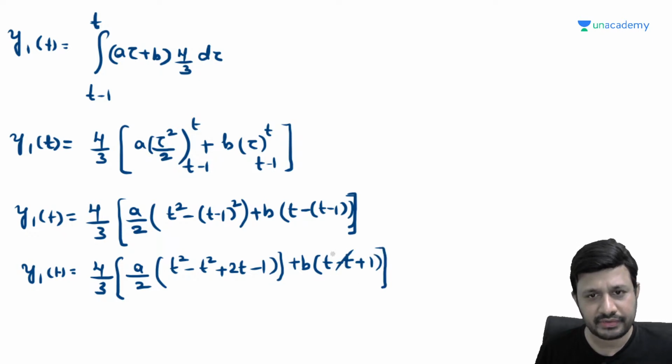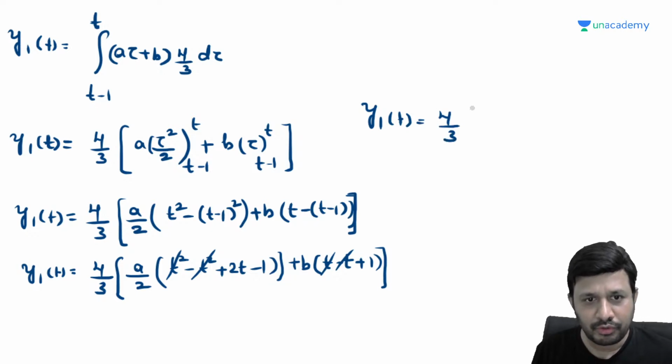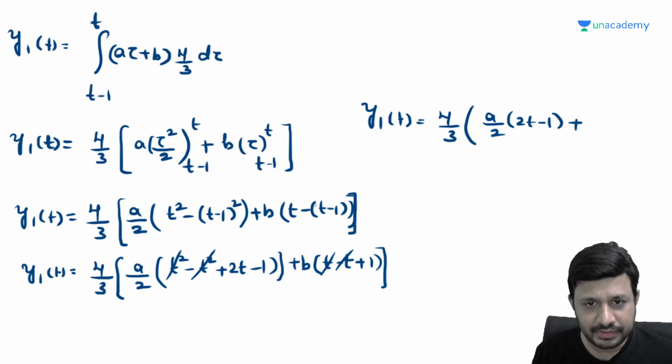This t gets cancelled, t square gets cancelled. You are left with, hope you are also solving with me, y1 of t is equal to 4 by 3 multiplied with a by 2 into 2t minus 1 plus b.